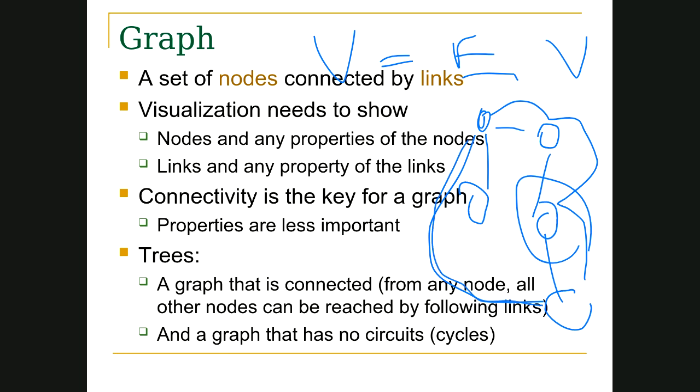I can start from this node, visit a bunch of nodes, and come back without retracing my steps. Okay, so a tree is a graph that has enough edges so everything is fully reachable, but not too many edges to allow for a circuit. So it has just the right number of edges.